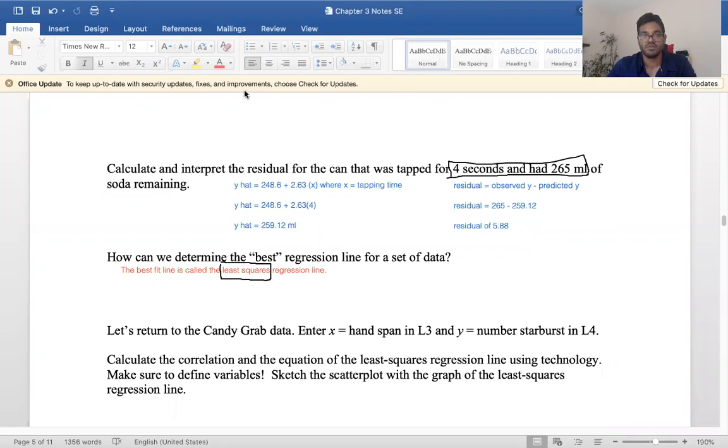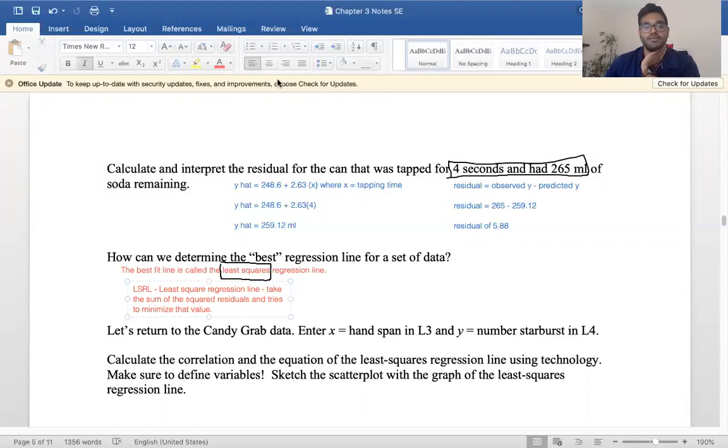And the reason why it's called the least squares regression line is because the LSRL, which is the acronym for it, least squares regression line, takes the sum of the squared residuals. So it takes all the residuals, squares them all up, right? And tries to minimize that value.